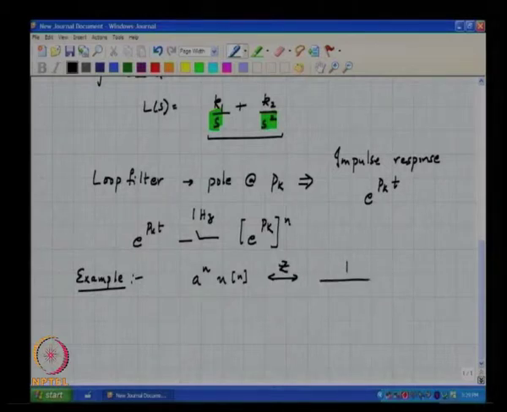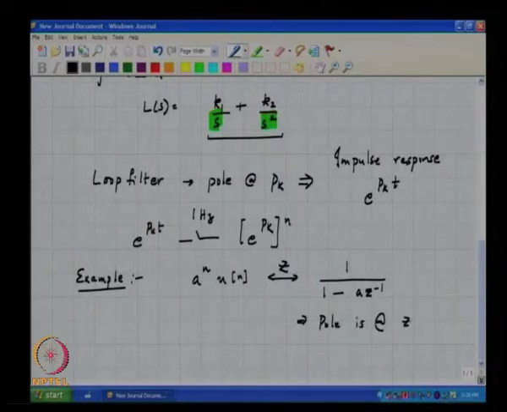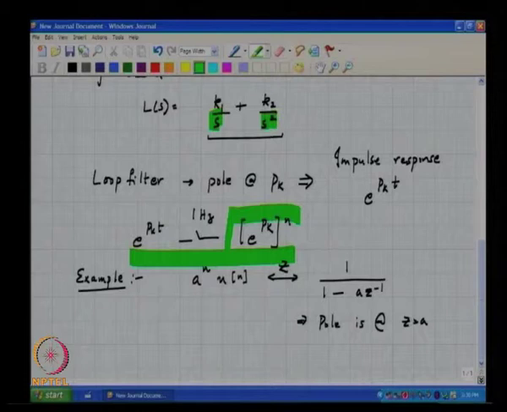It is 1 by 1 minus a z inverse. So this means the pole is at z equal to a. In other words, a to the power n times u of n, if you think of it as an impulse response of a filter, corresponds to a filter whose pole is at z equal to a, right. So by the same token, this therefore corresponds to a discrete time system whose pole is at e to the power pk.